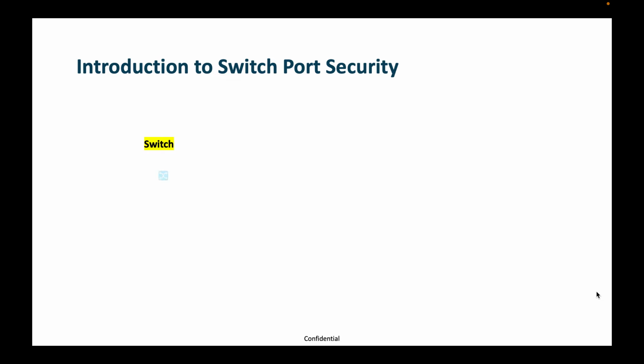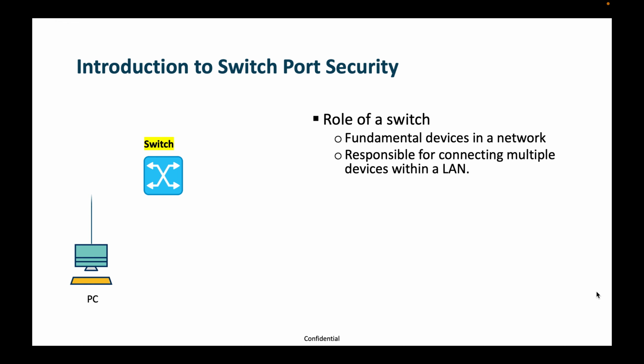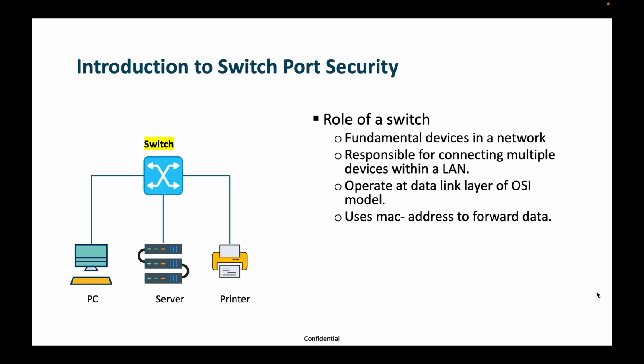As you know, switches are fundamental devices in the network, responsible for connecting multiple devices such as computers, printers, and servers within a local area network or LAN. They operate at layer 2, the data link layer of the OSI model, and use MAC addresses to forward data to the correct destination.